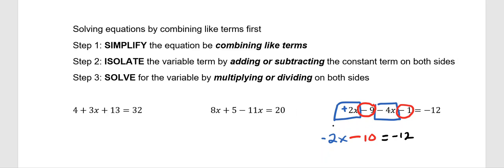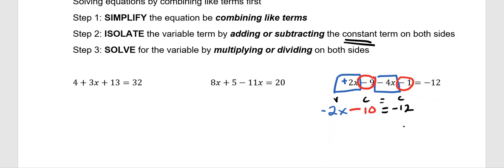Notice from here, I have a two-step equation with the variable and constant is equal to a constant. And very specifically, I'm going to add or subtract a constant term. These are the only types of two-step equations we're going to see. So step 2, if it says minus 10, I'll add 10. So I get negative 2x equals negative 2.